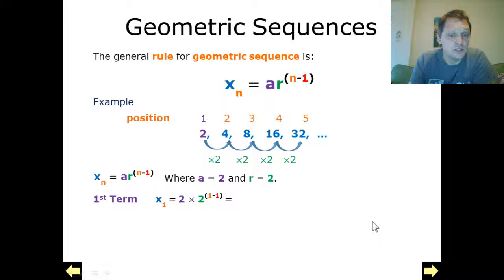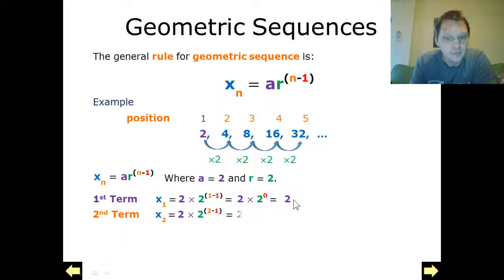So if we was to find our first term, finding our x value of our first term equals 2 times 2 to the power of 1 minus 1. Now, that 1 just inside here, that is because we are looking for our first term. So 1 minus 1 is 0, anything to the power of 0 is 1, so 2 times 1, that gives me 2. And 2 is my first term of this sequence.